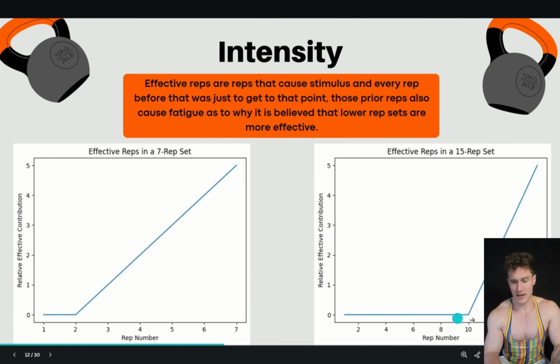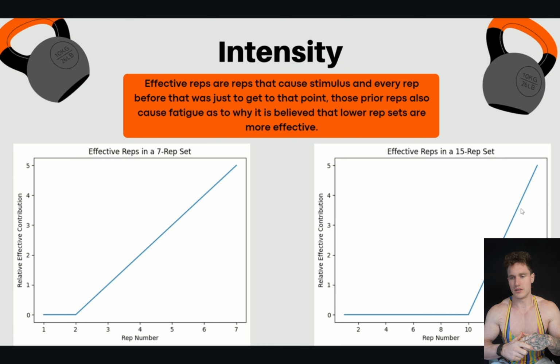So essentially the first 10 reps are just to get to the point where those reps themselves are effective. So this is obviously not a true science, or perfect science rather. It's just kind of like imagining that the more reps we do in a set, the more we're doing that are not doing as much as they could be, and it's really the last 5, 3 reps that are actually really doing most of the heavy lifting.